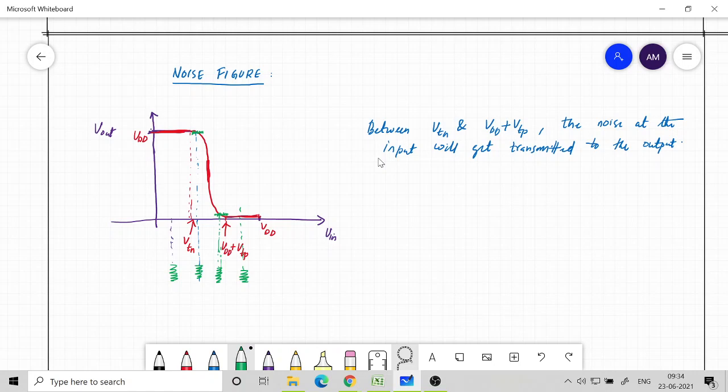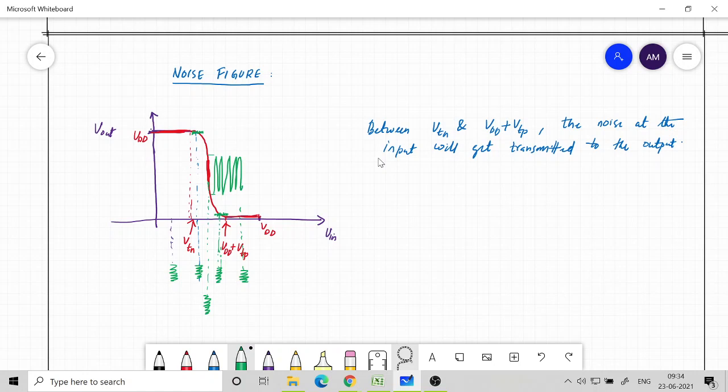But the case becomes very serious when you have this device operating somewhere near the midpoint. So here, if you have a similar amount of noise as previously, for that variation it would vary something like this. So you will have something like this, okay.